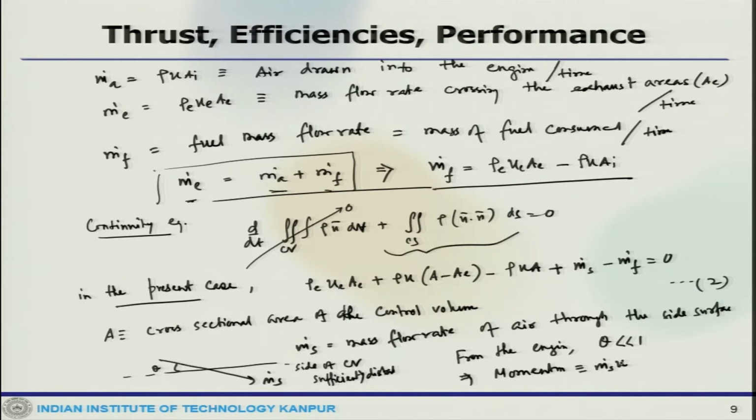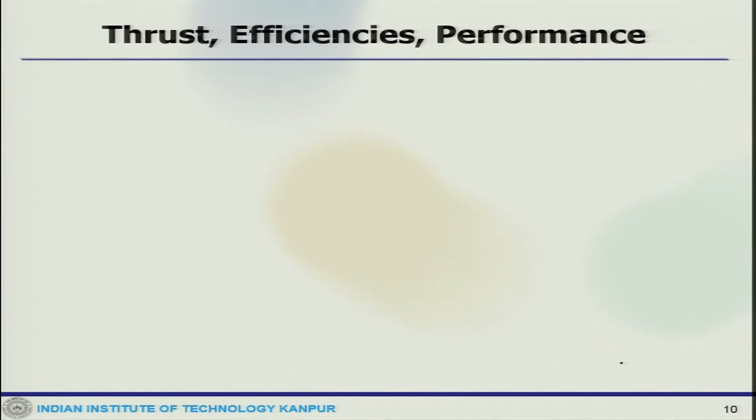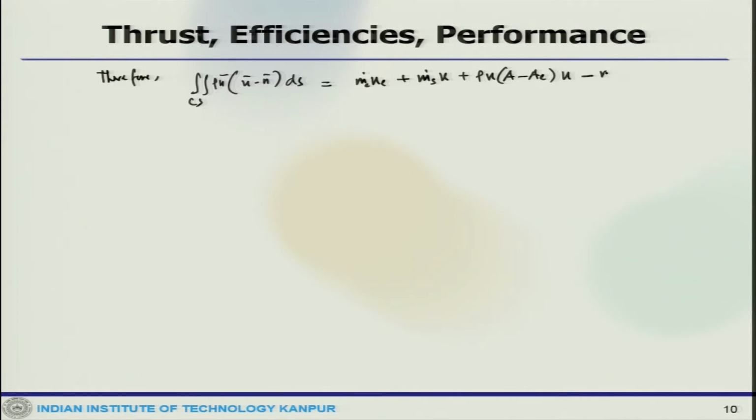Therefore, the control surface integral of rho u dot n dS in the momentum equation is m dot u e plus m dot s u plus rho u A e minus A e minus m dot u minus rho u (A minus A e), into u.